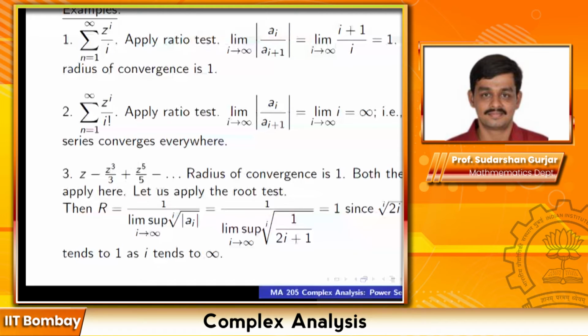What is the limit of mod a_i upon a_{i+1}? This is the limit of (i+1) upon i, and we know that this limit as i tends to infinity is equal to 1. Hence the radius of convergence is 1. Very simple example.